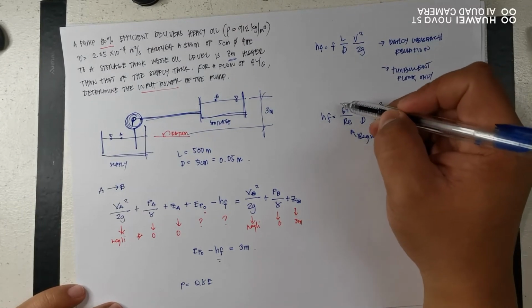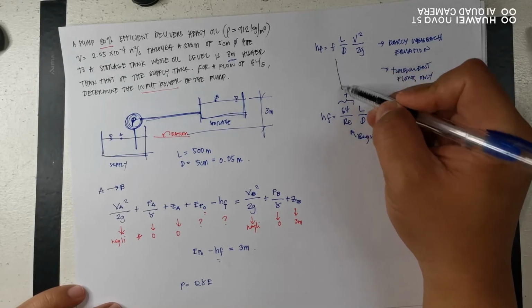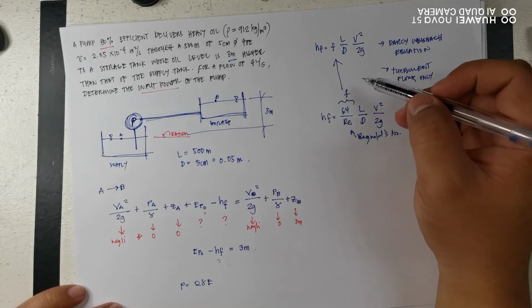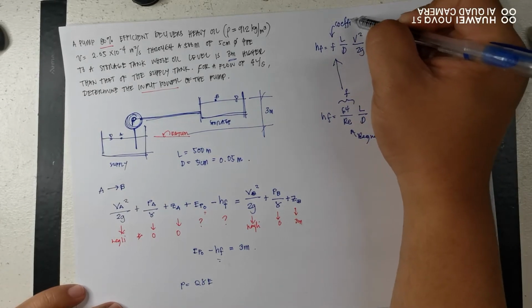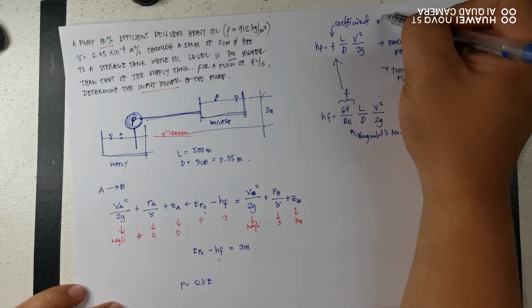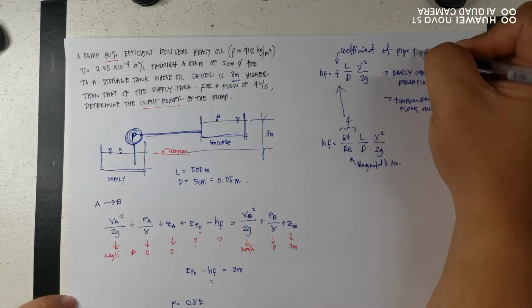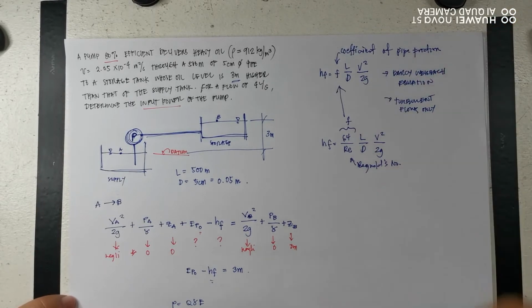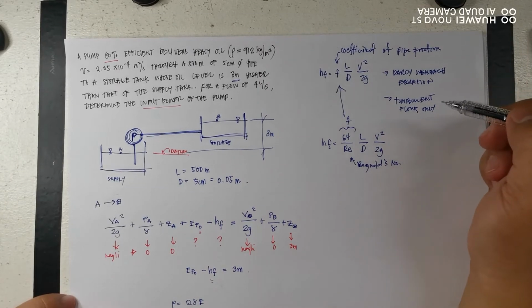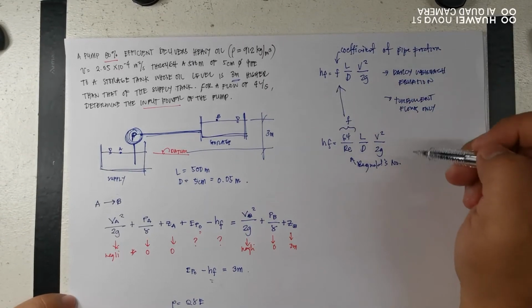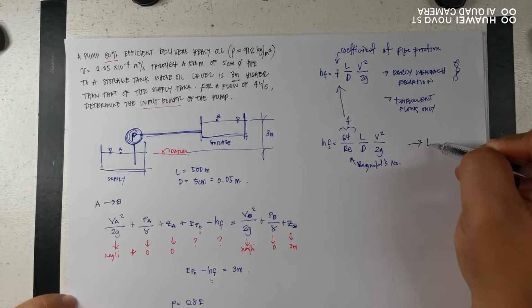So lumalabas dito sa equation na to, as we have mentioned before, that this is equivalent to the F, which is the coefficient of pipe friction. So una nating isosolve is kung siya ay laminar or turbulent, kasi itong unang equation na to is for turbulent nga lang, and ito naman is for laminar flow.